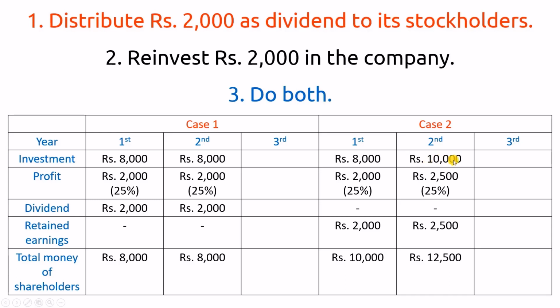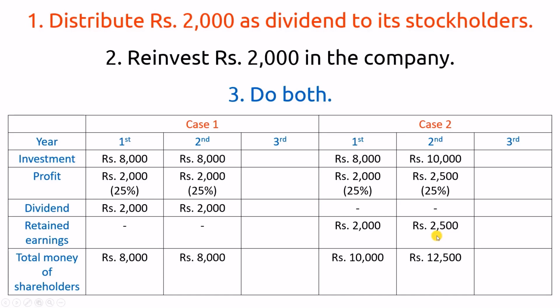And 25% of this is 2,500, which is the profit that they make by reinvesting the profit of last year. Once again, in the second year, they do not give any dividend to the stockholders, and everything is reinvested into the company. They retain the earnings.